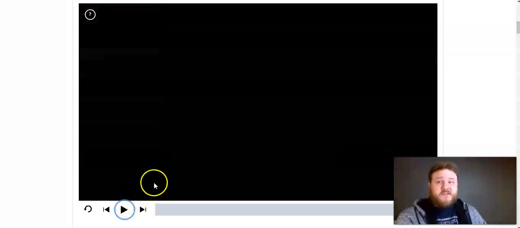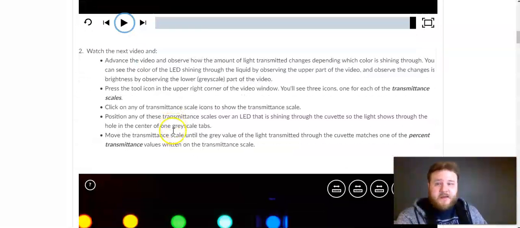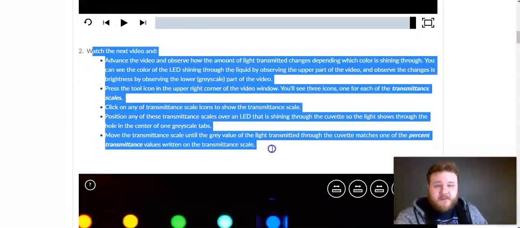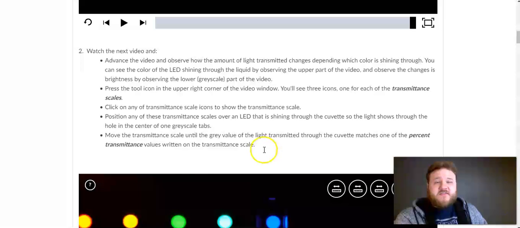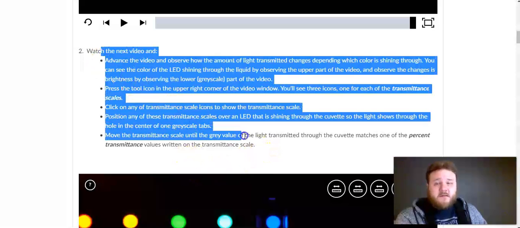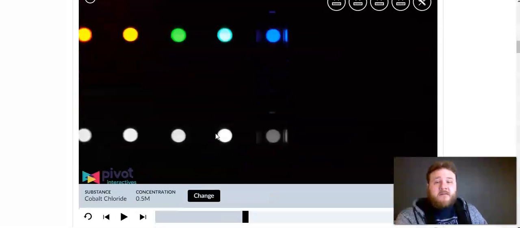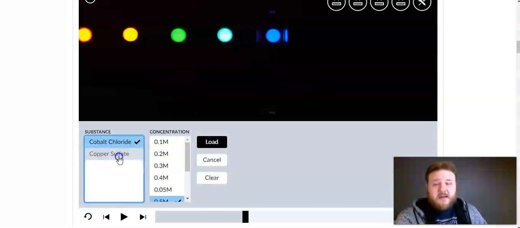That video just showed what's going on. Now, when you reread through this, it gives us a chance to actually practice the measuring. So what is all this saying? When we have our video that we can manipulate, we can change whichever substance we're looking at.